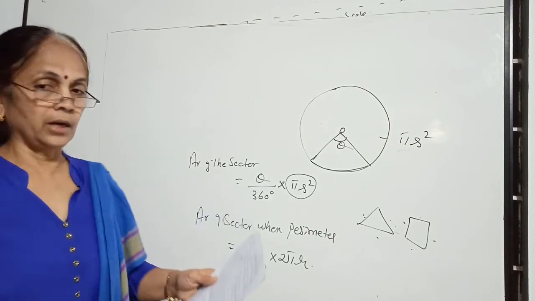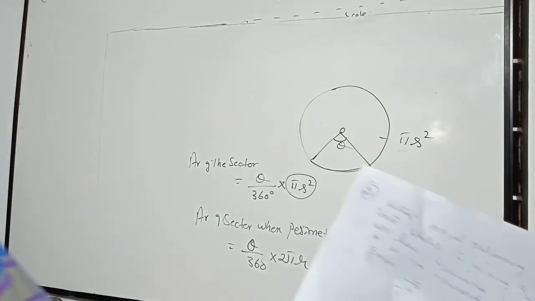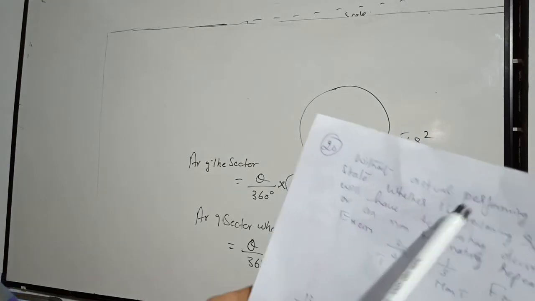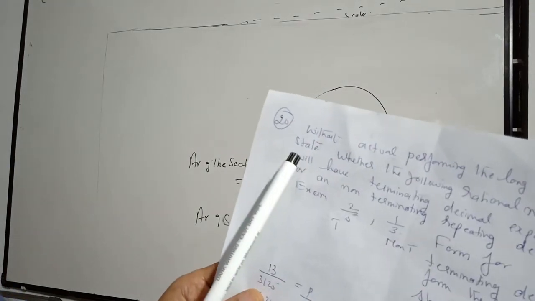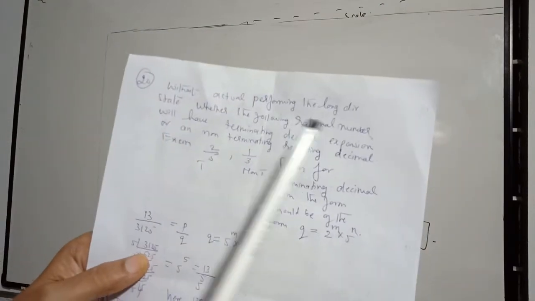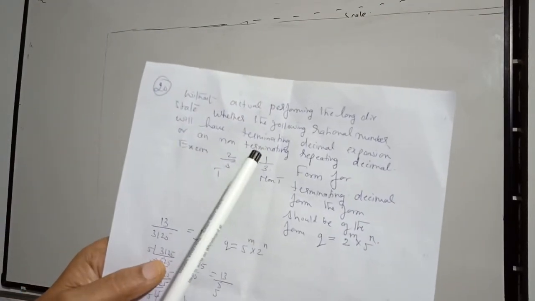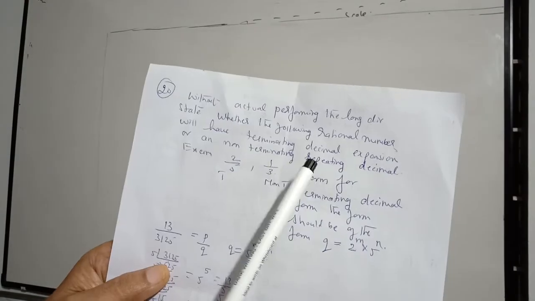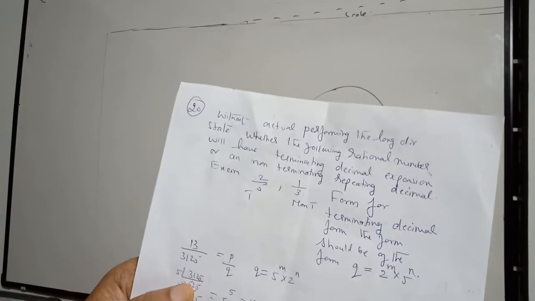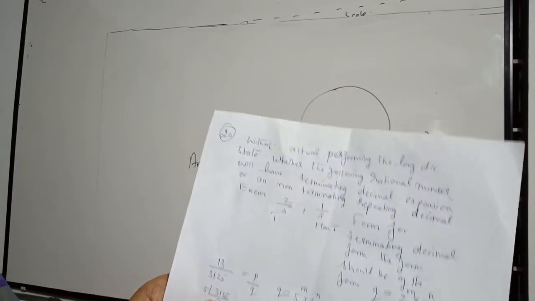Now see one more question. Without actually performing the long division method, state whether the following rational numbers will have terminating decimal or non-terminating repeating decimal. Examples: 2 by 5, 1 by 3 in the textbook. So many questions are given.